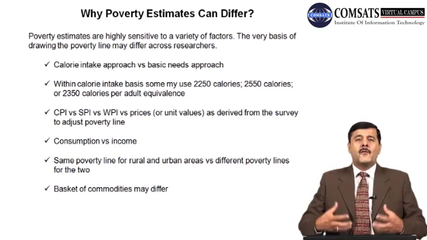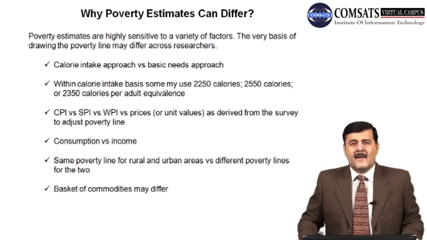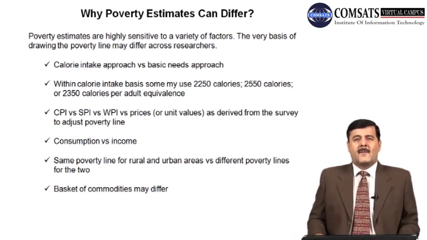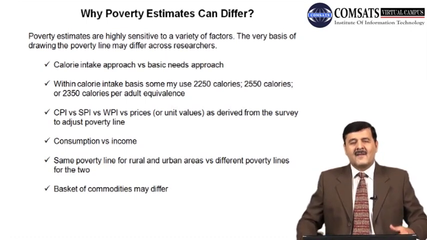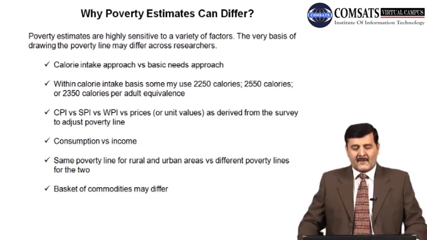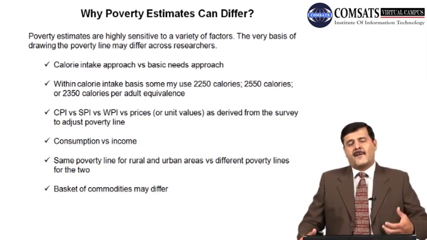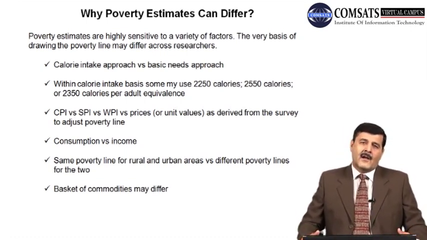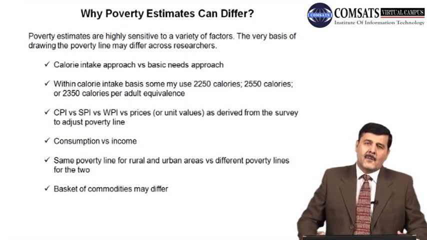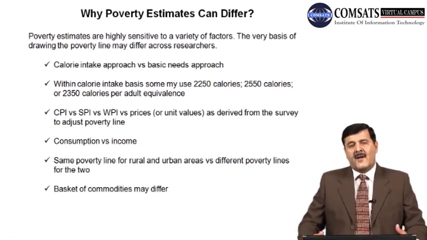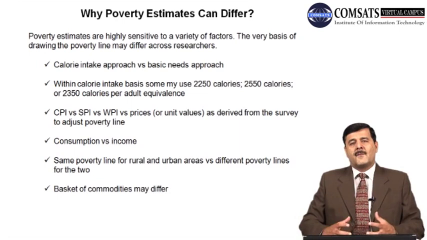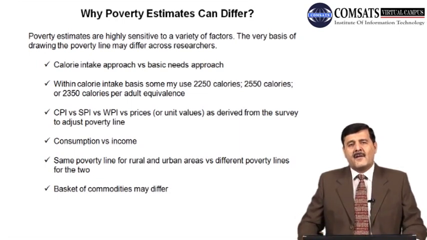So if researchers use different measures of inflation, that gives us different poverty estimates. Similarly, it depends if some researchers use consumption to measure poverty estimates, some use income to measure poverty estimates.